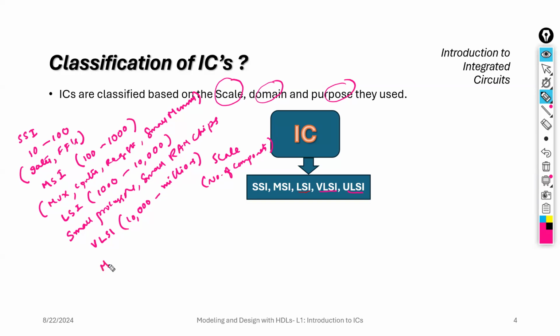Mostly we go for microprocessors, advanced chips, advanced memory chips, and large CPUs. These are the applications where we normally go for the very large scale integration approach, because it takes 1,000 transistors to millions of transistors.